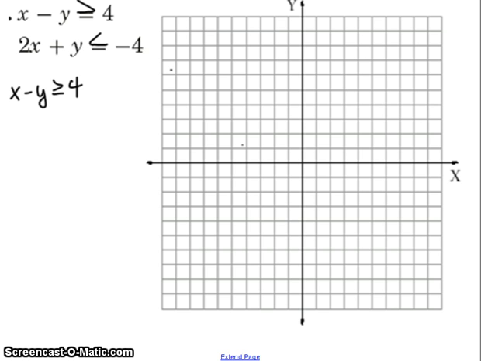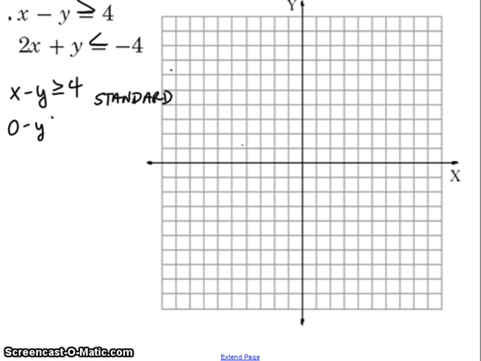How do we graph this? In the last section we graphed in slope-intercept form. Now we have standard form. When we have x and y on the same side, we plug in 0 for x to find the y-intercept.